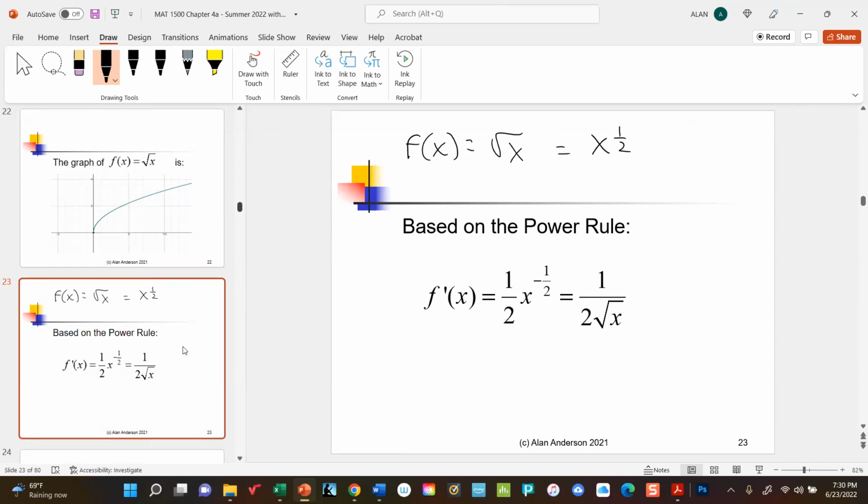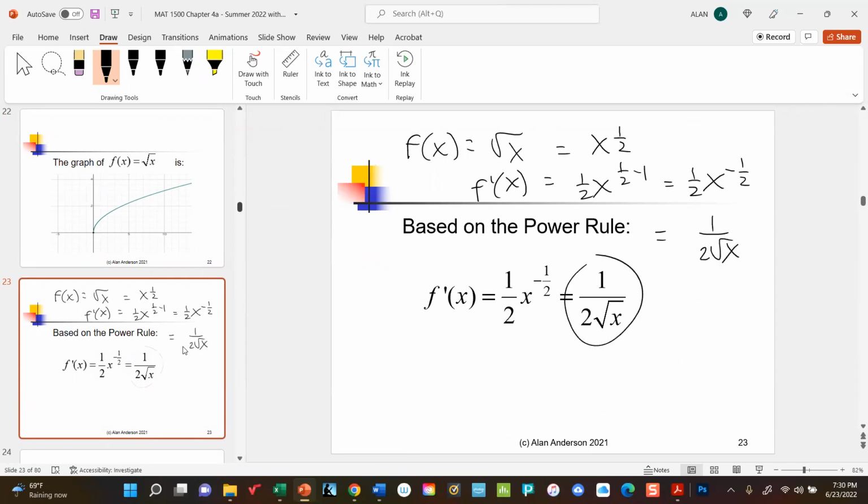Based on the power rule, it's 1/2 x, and here we have 1/2 minus 1, which becomes 1/2 x to the minus 1/2. Or again, if you prefer, it's 1/2 radical x. Then we'll need that to come up with our linear approximation.